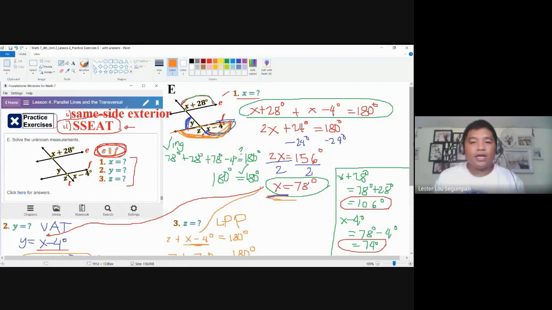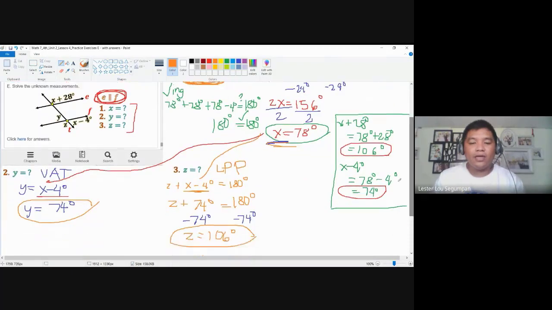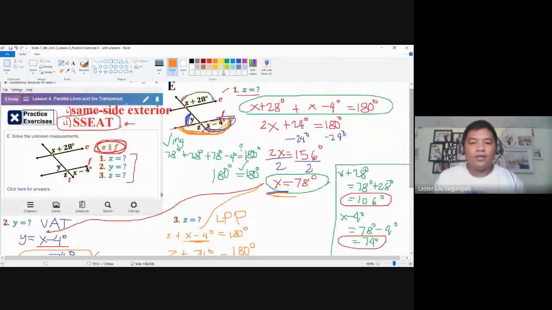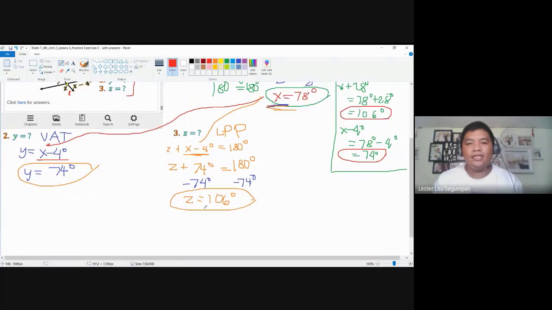The other way of checking number 3 is by looking at the relationship of z, this one here, and this angle here. This is by long shot considered to be alternate exterior angles. And by the alternate exterior angle theorem, they must have the same measurement or they're congruent. So x plus 28 is already given to be 106 here. That is also the value for angle z.